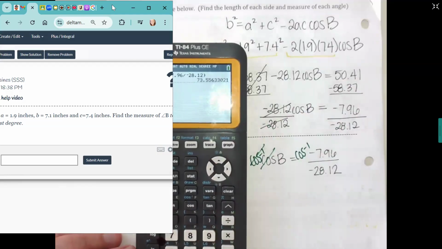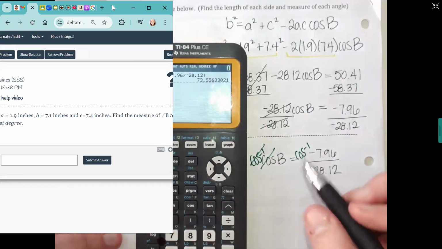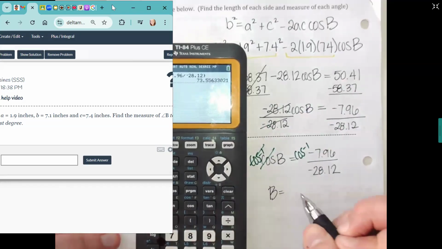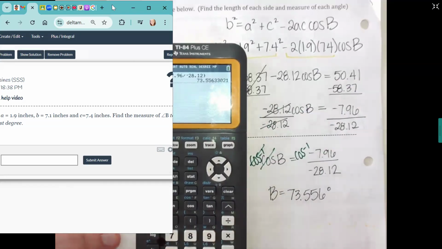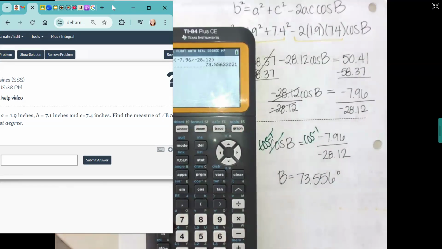Okay, I got 73.55 degrees. But then how does it say to type in your answer to the nearest what? Degree would be a whole number. So 73.5 would round up to 74 degrees in the box.